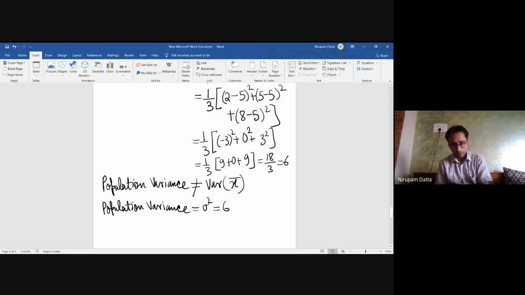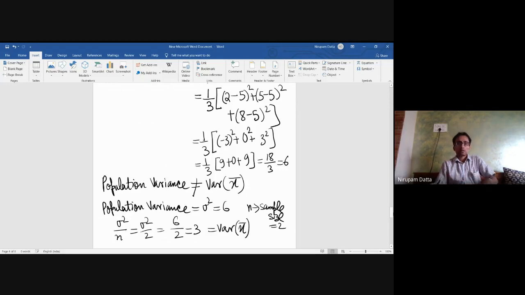Now if we take sigma square by n, where n is the sample size, and the sample size is 2, that means sigma square by 2, which is 6 by 2, equal to 3. This equals the variance of the sample mean. So the variance of the sample mean is always equal to the population variance divided by the sample size, that is sigma square by n. This is what we get from this example.